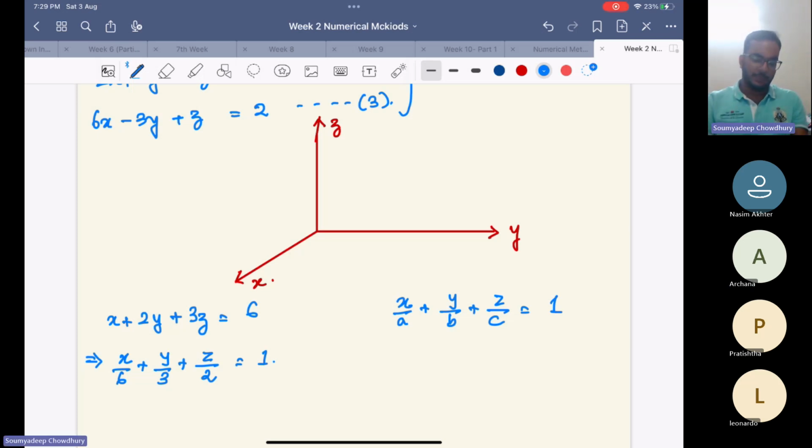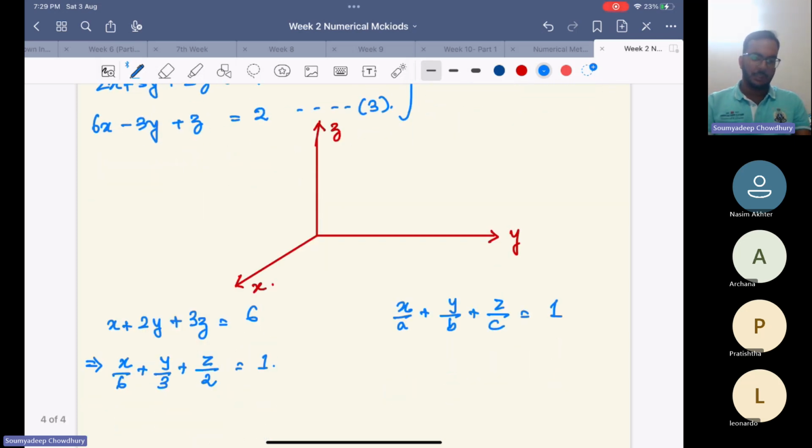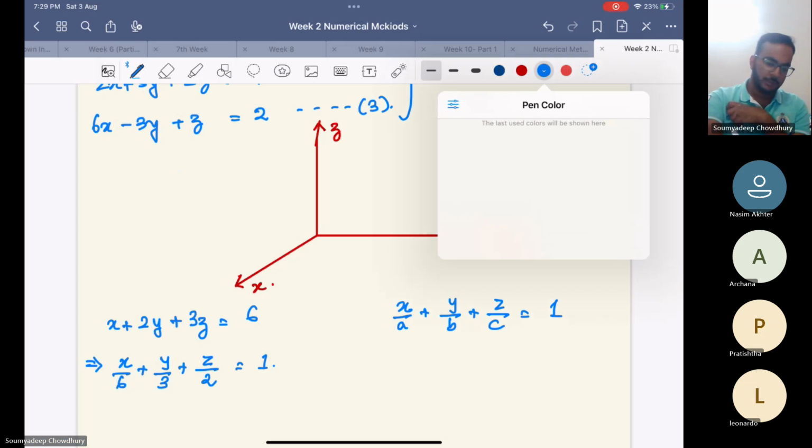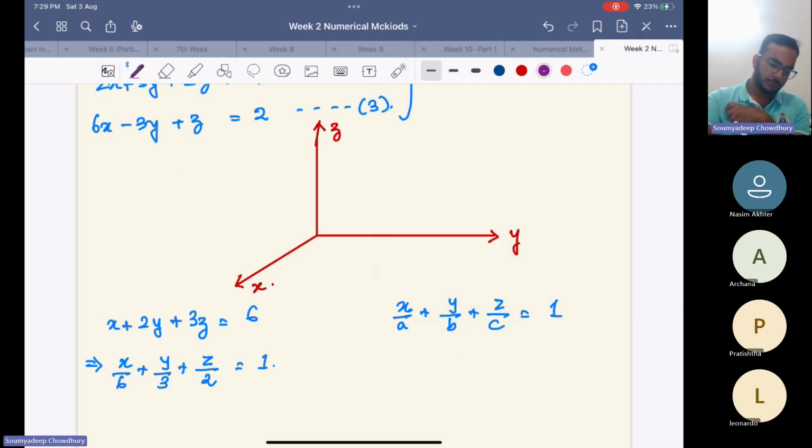So x by 6 plus y by 3 plus z by 2 equals 1. This basically means that we will move 6 units along x, 3 units along y, and 2 units along z. That will give me a plane, right? Here is 6 on x, 3 on y, and 2 on z.